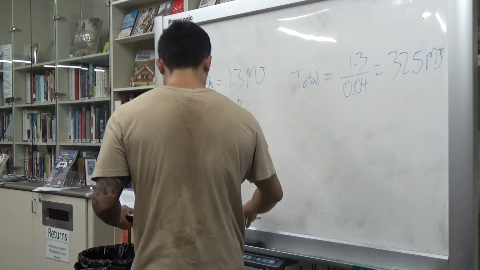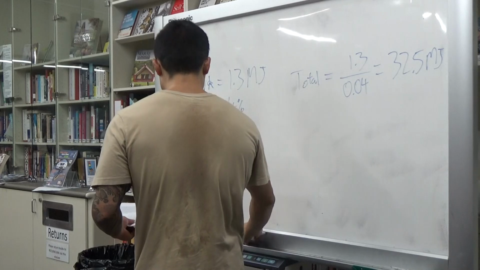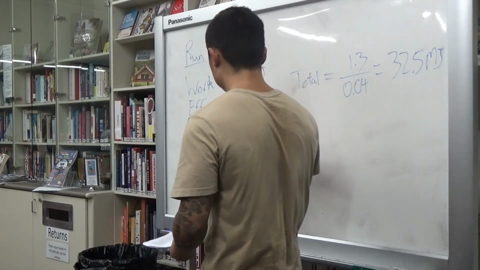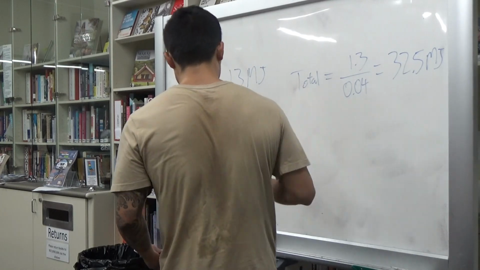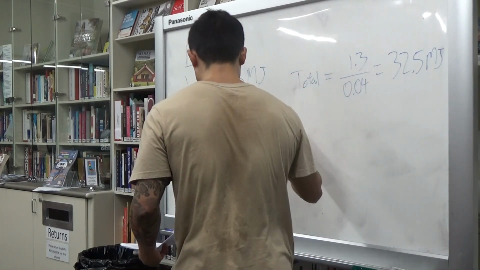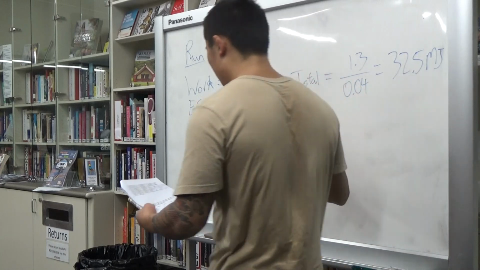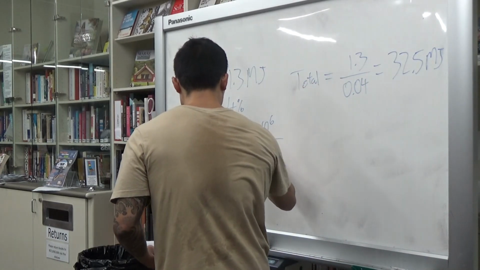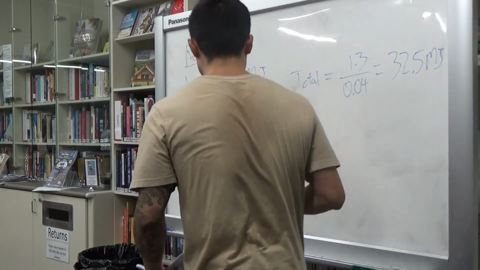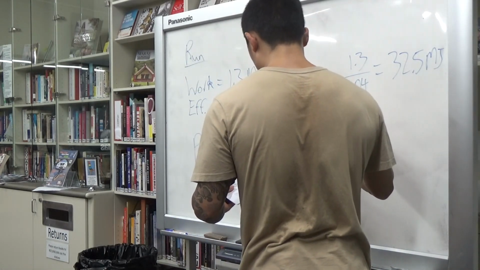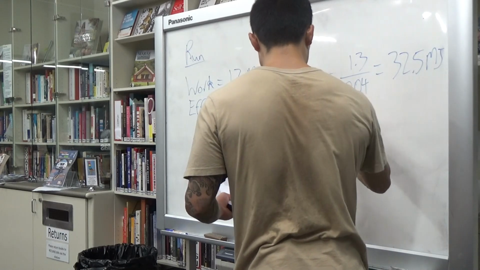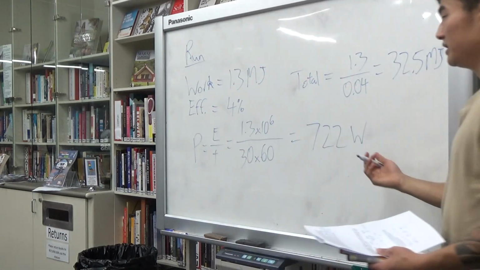Oh, sorry, this is work. So the amount of work they did was 1.3 megajoules. So 1.3 times 10 to the 6th divided by 30 minutes. So we have to convert that into seconds. 30 times 60. And that will be 722. Okay, so option B is true.